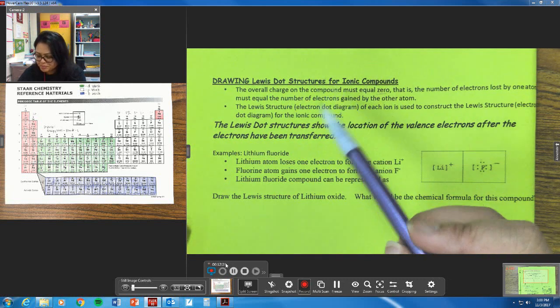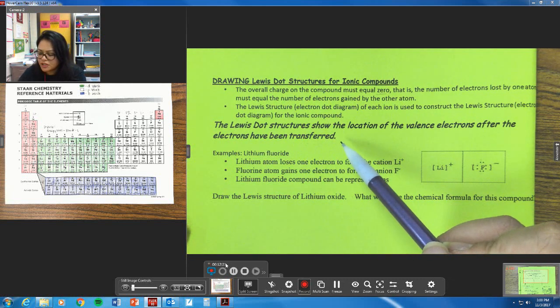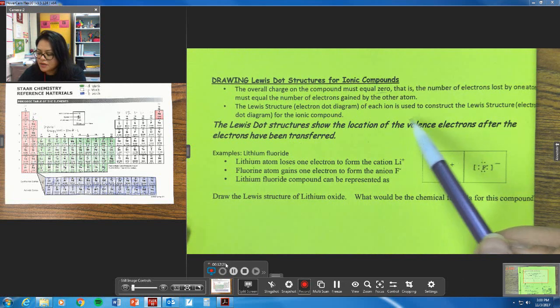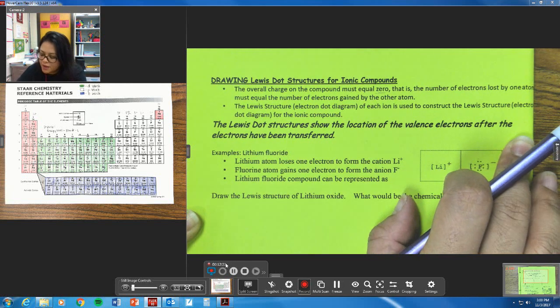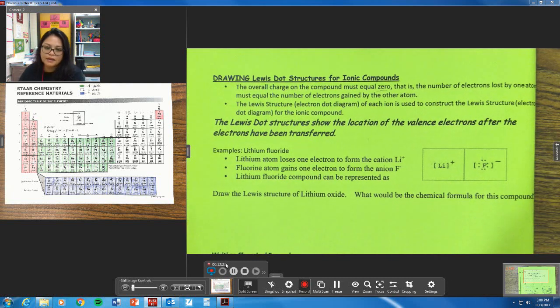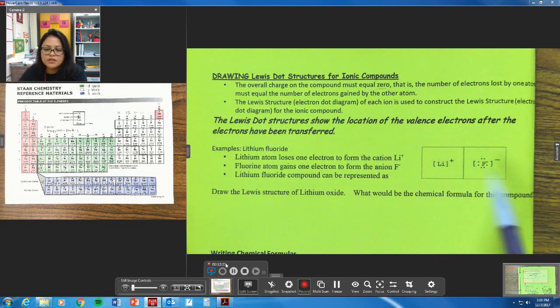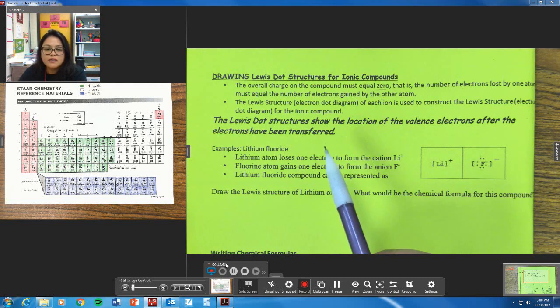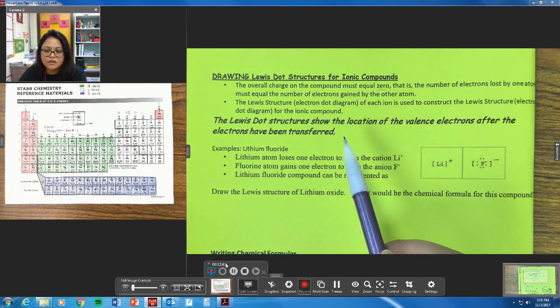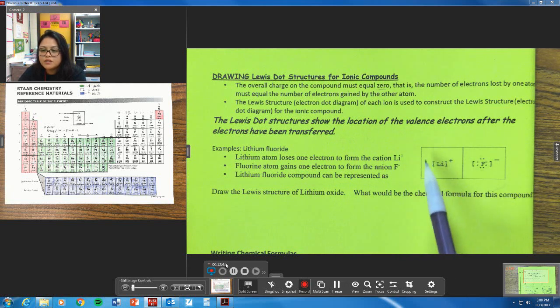Your Lewis dot structure of each ion is used to construct the Lewis structure, or the electron dot diagram, for the ionic compound. The Lewis dot structure shows the location of the valence electrons after the electrons have been transferred. So this is what your final product is going to look like, after they have lost or gained electrons.